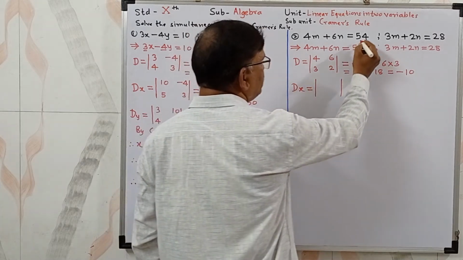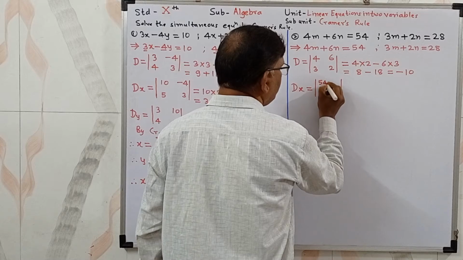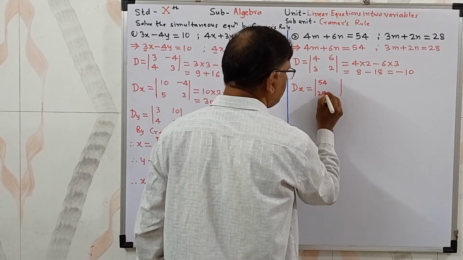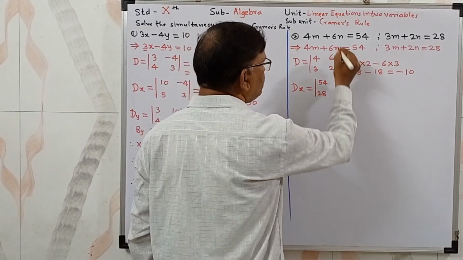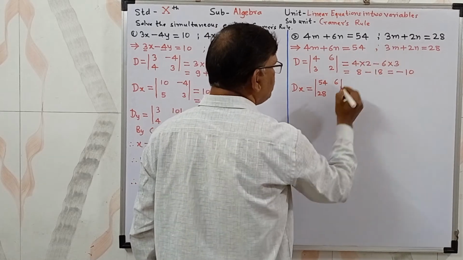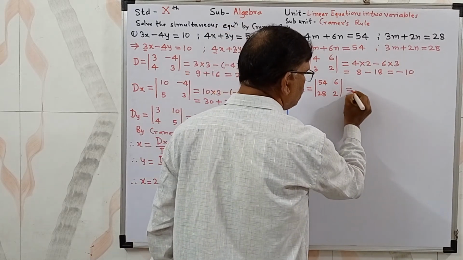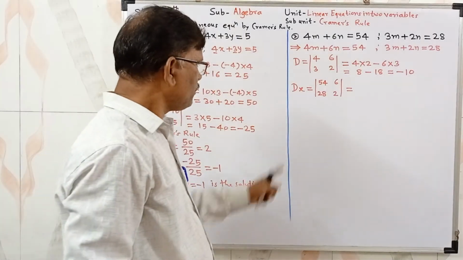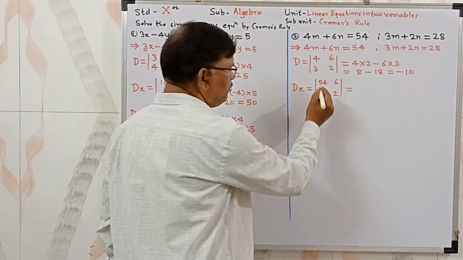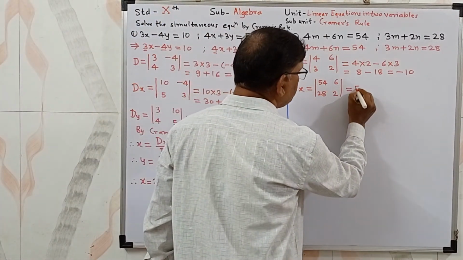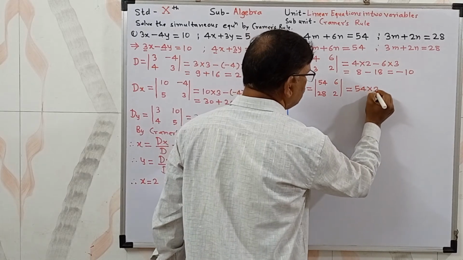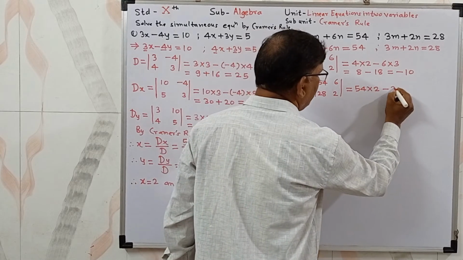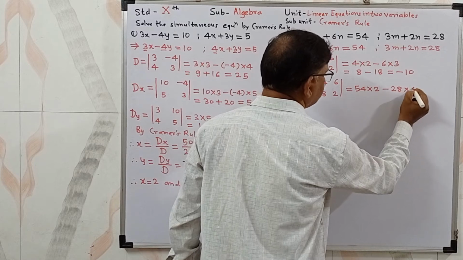C1 is 54 and C2 is 28. And B1 is 6 and B2 is 2. Understood?